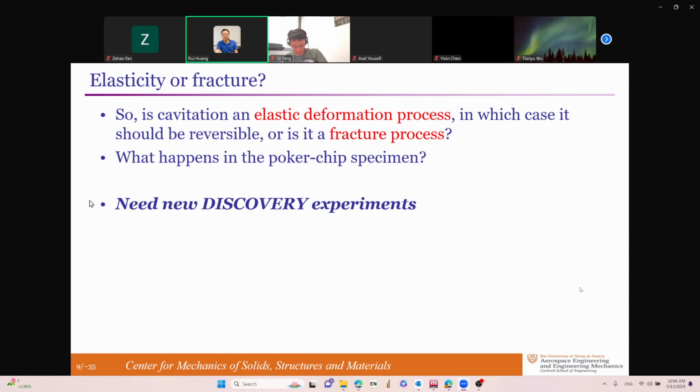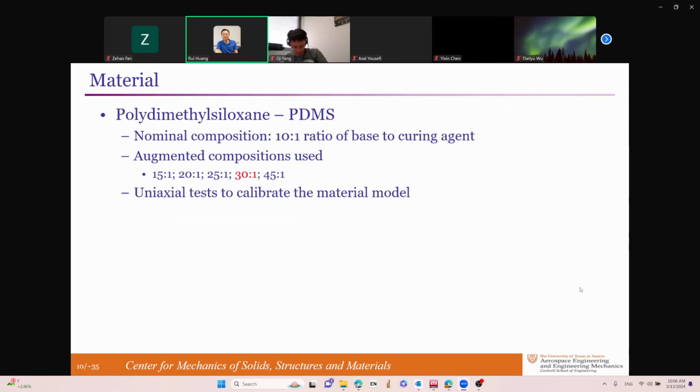We wanted to redo this experiment to see actually what's going on, not rely on post-mortem examinations of where the cracks and cavities appear. So we went to a material that is transparent, PDMS, and went to a composition 30:1 that's reasonably soft, but still exhibits a stiffening response at a critical stretch level.